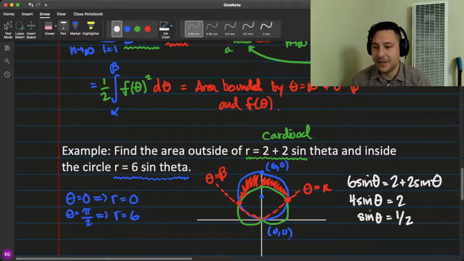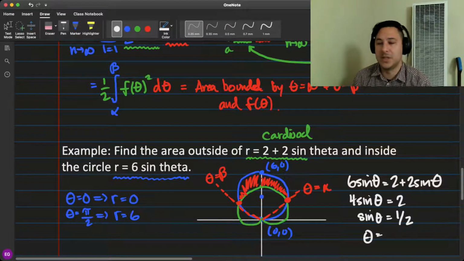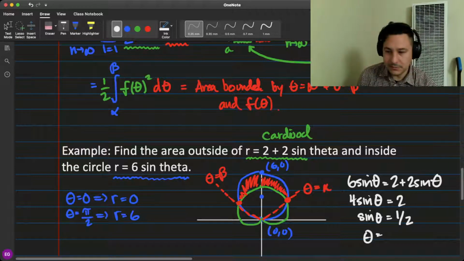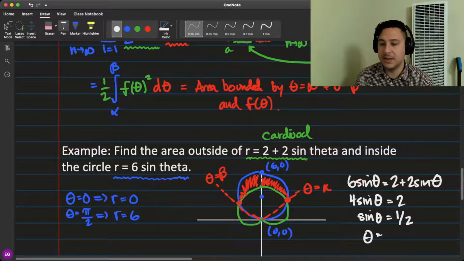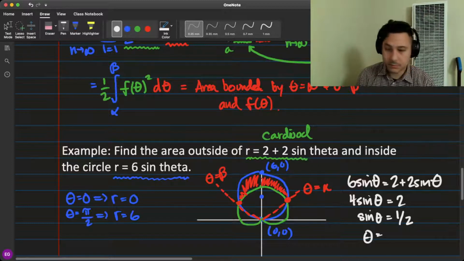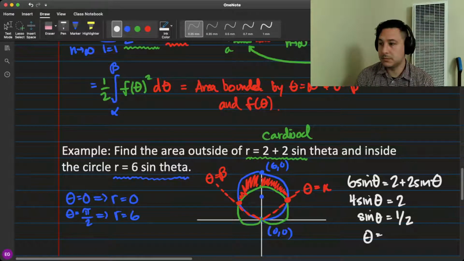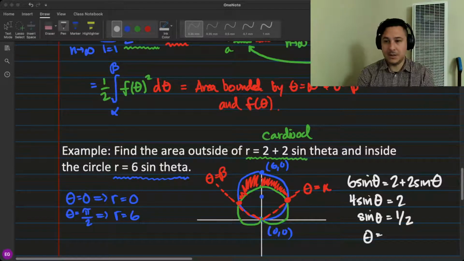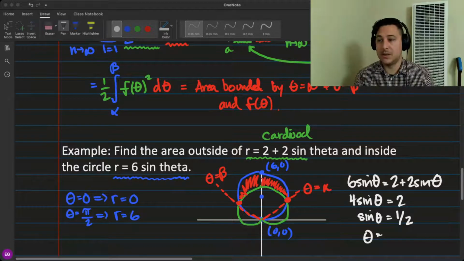So what's my alpha going to be? We get two solutions, given the fact that we know we're in quadrant 1 and quadrant 2. So what's the solution for sine equals half in quadrant 1? Okay, I'm just going to say it.